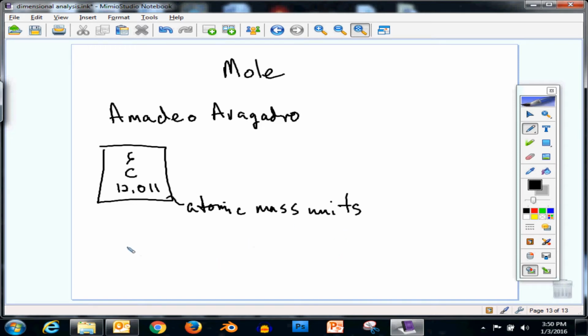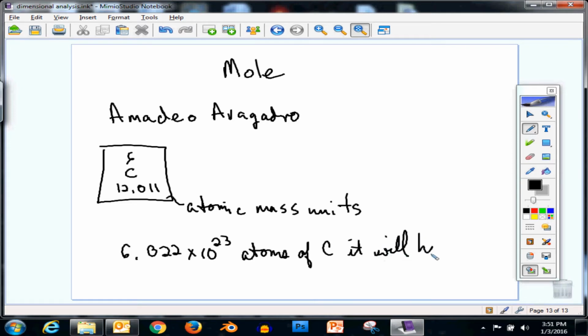And what he discovered, or what he proposed, is that if I have 6.022 times 10 to the 23rd atoms of carbon, it will have a mass of 12.011 grams.